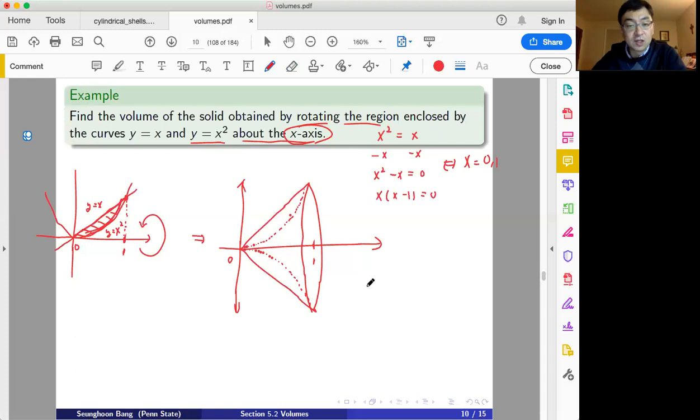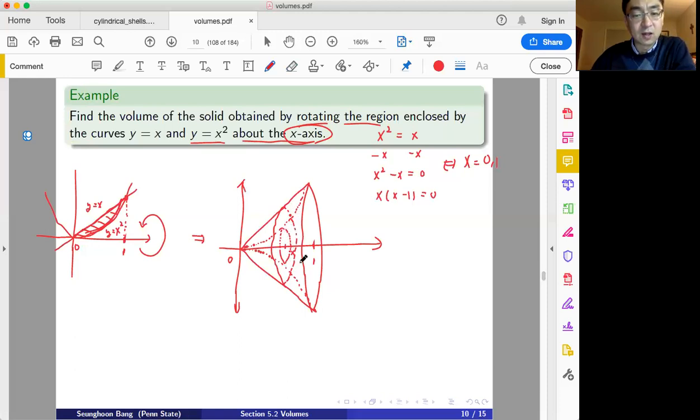Next, you have to cut this solid. You can cut this solid passing through this x value, using a vertical plane. We have one big circle outside, like this, and the inside has a small circle.